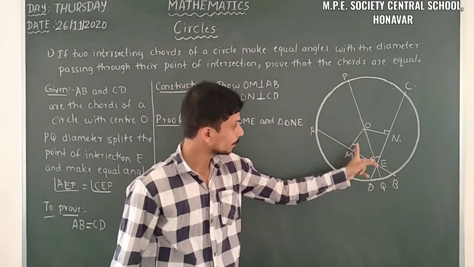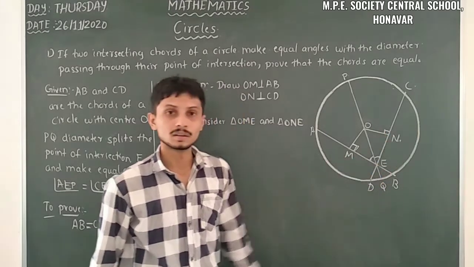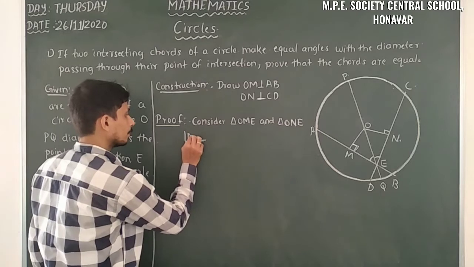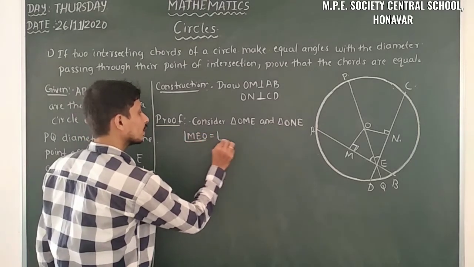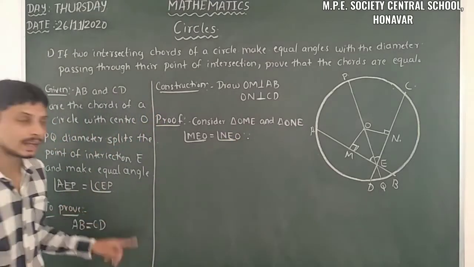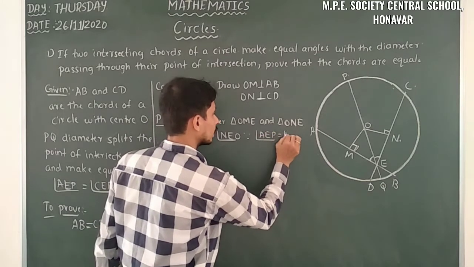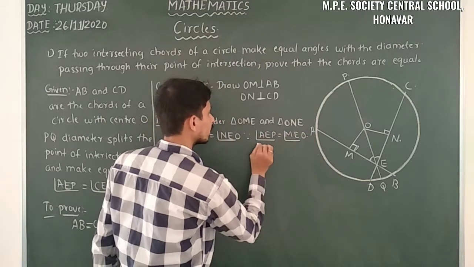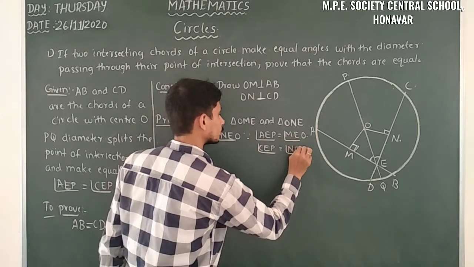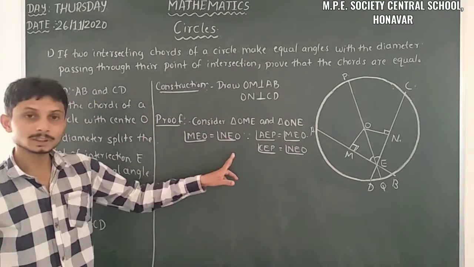Just observe this: angle MEO is equal to angle NEO, because angle AEP is equal to angle CEP, because angle AEP is equal to angle MEO and angle CEP is equal to angle NEO. So the first equality we found.